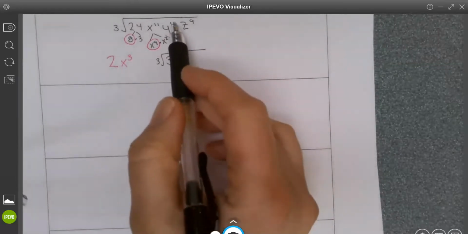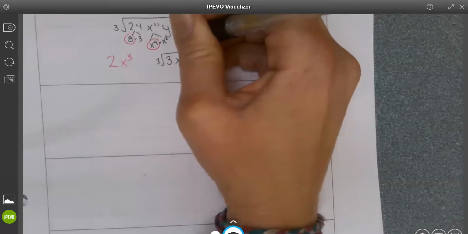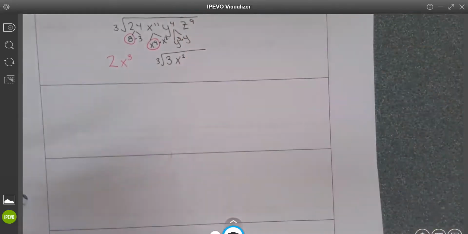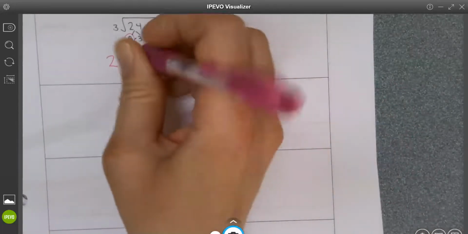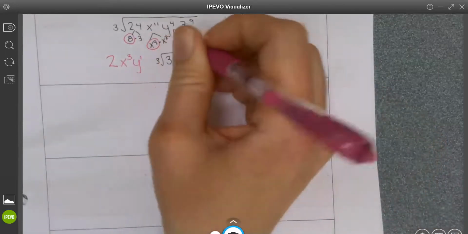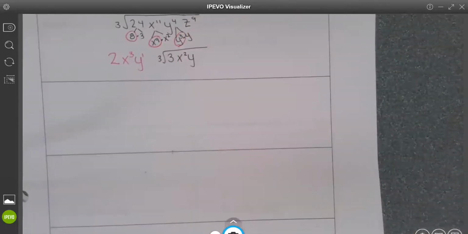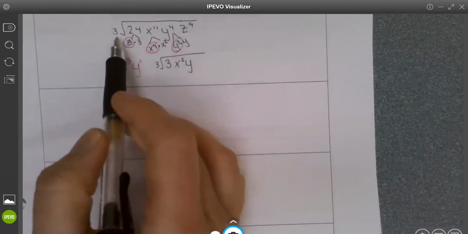Y to the 4th, 4 is not divisible by 3. So I need to break it into what I can divide by 3, which would be 3 of those factors, and what would be left? The cube root of y cubed would be y to the 1st, or just y, leaving me with y inside my radical. And then my last term, z to the 9th, is a perfect cube.